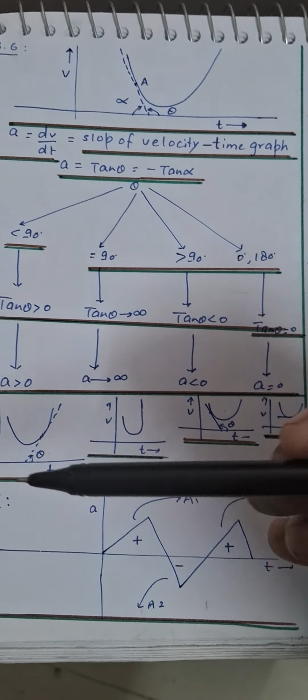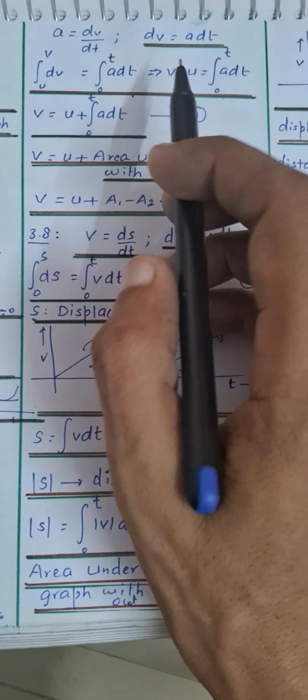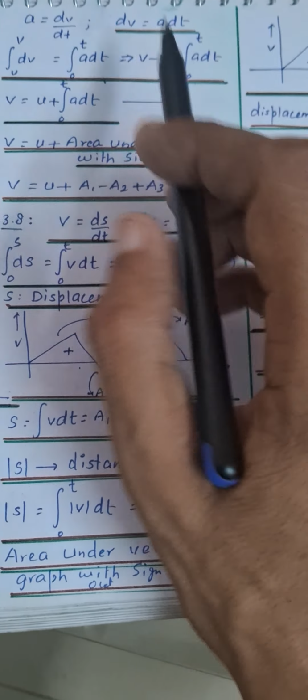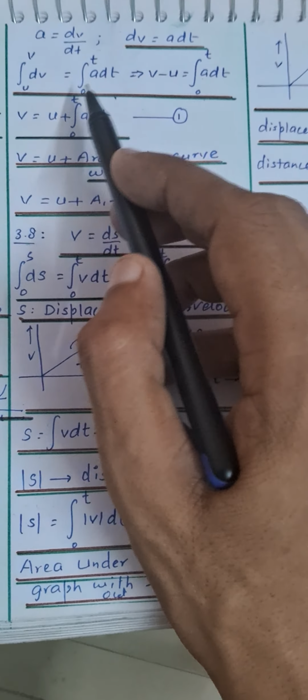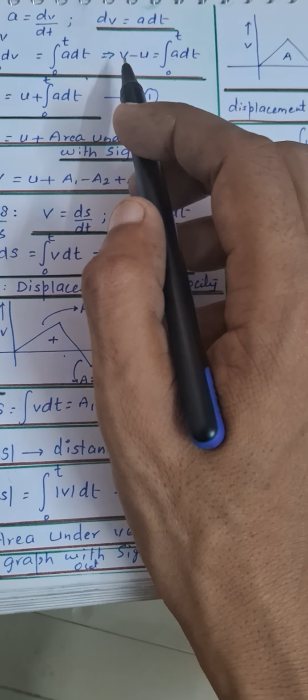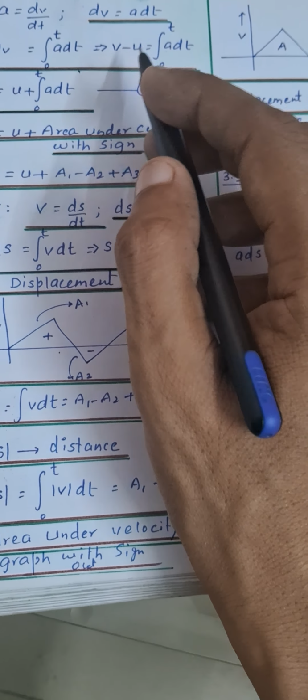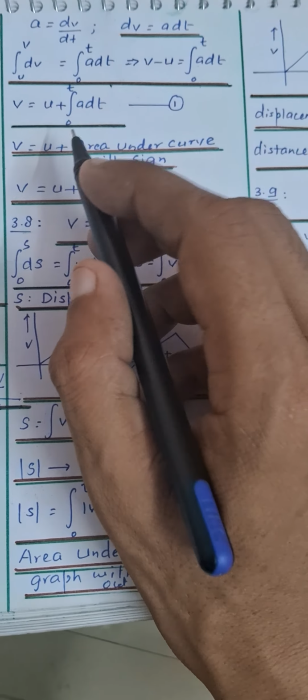Now another point is analysis of the a-t graph. So here we have a as dv by dt. So we have dv as a dt. We integrate both sides and integration of dv will give us v minus u, which will be integration of a dt from the limit 0 to t.